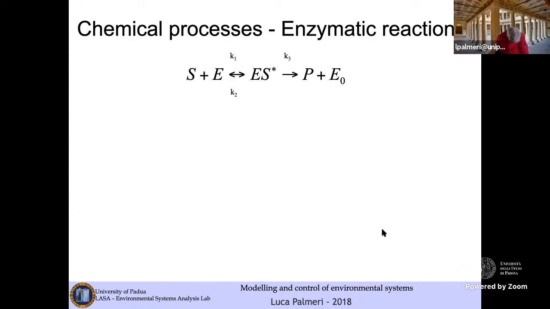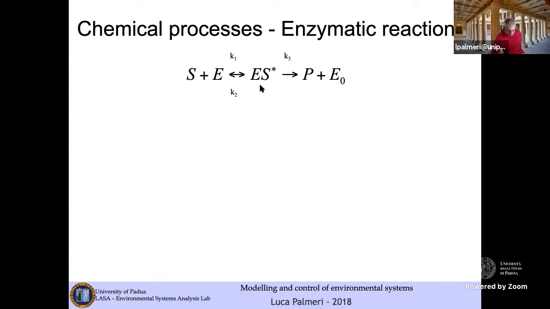They are chemical reactions that depend on the presence of a substrate S and on the presence of an enzyme E. So we may write that the substrate S plus the enzyme E is transformed into ES star, the activated complex, so the substrate activated by the presence of enzyme E, and this transformation is described in the direction left to right by the K1 equilibrium constant.